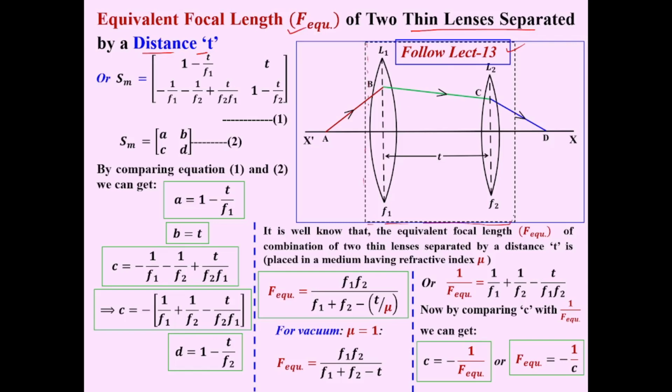In this dotted box, two thin lenses are separated by a distance t.